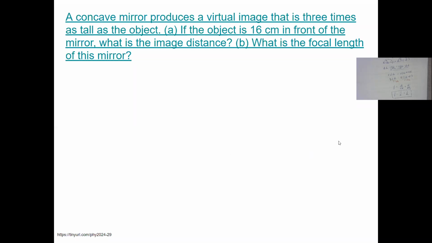For this one, you are going to consider the mirror equation and also the magnification equation. Those two equations, you guys can give it a try. I'll let you have a try, and then we can take a look at the solution together in a couple of minutes.